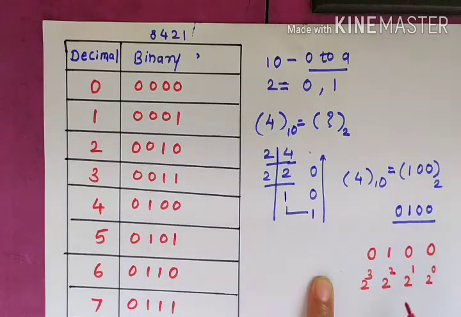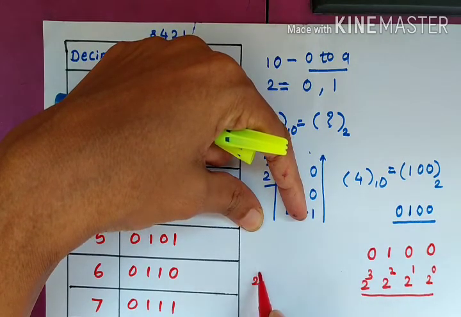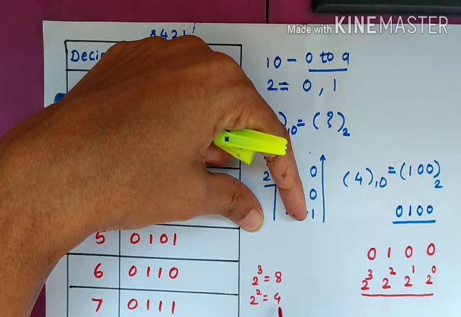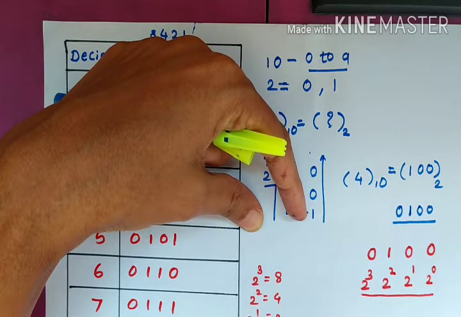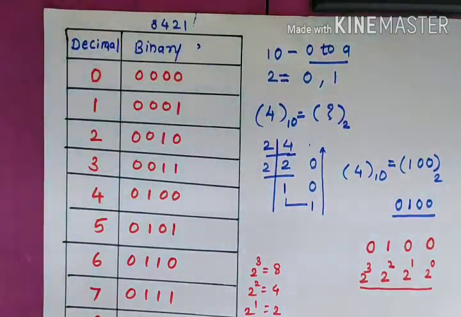Okay, and this increasing power of binary weightage will give the number. 2 raised to 3 is equal to 8, 2 raised to 2 is equal to 4, 2 raised to 1 is equal to 2, 2 raised to 0 is equal to 1. Okay, in this way.